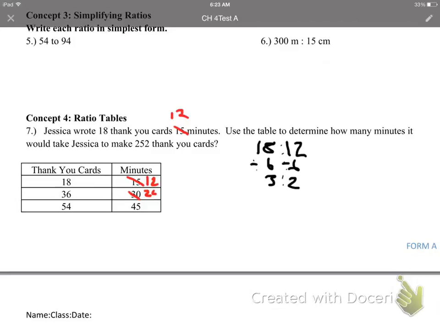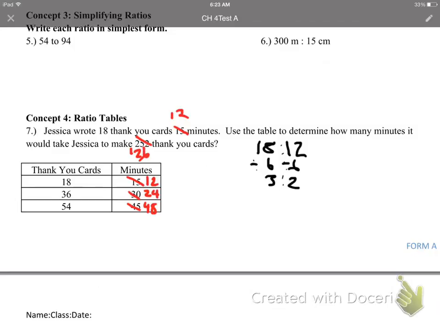Okay, so on your paper this one was 24, 54 times 3. This one would be 48. We actually wanted to know 126.